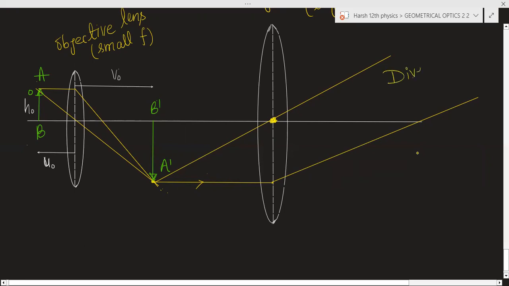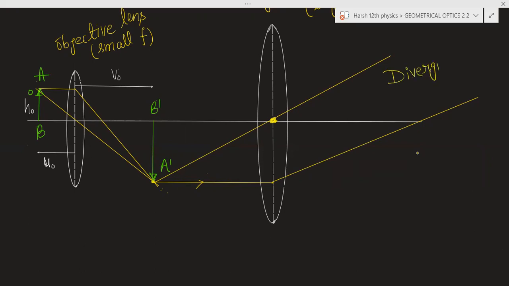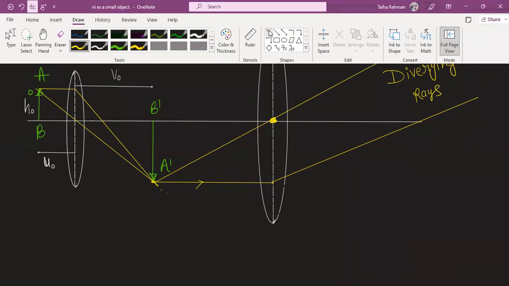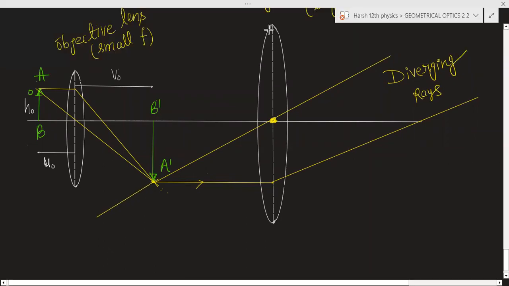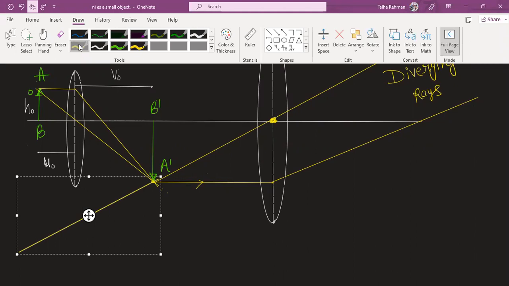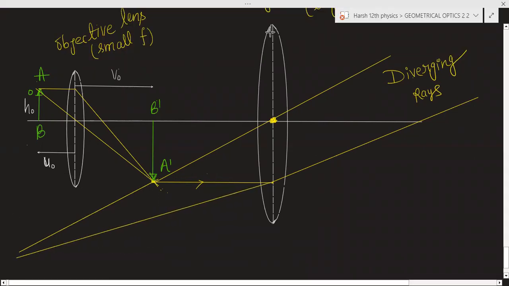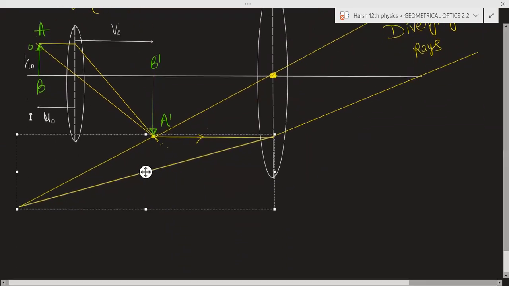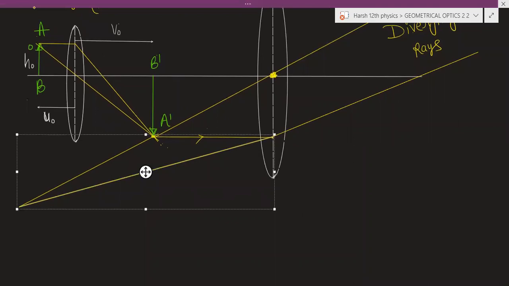So after the diverging rays, what do we always do? Produce the diverging rays in the backward direction. So now we will produce these diverging rays backward, and we will see where the image will form. See, here the image will form, and a very large image forms this time.